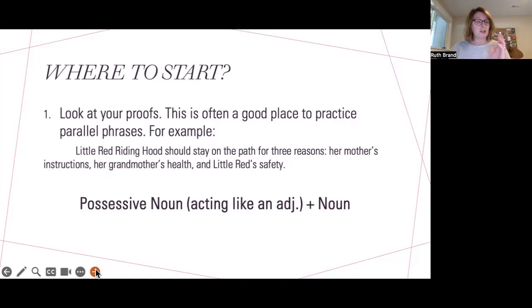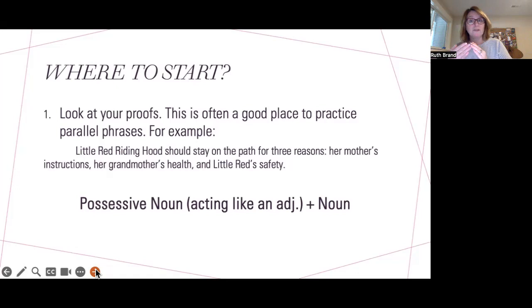And this happens a lot when you create a thesis statement. You might say Odysseus's carelessness, or you might draft a thesis statement that is talking about a character and different characteristics of the character. And that's what's happening here. Mother's instruction, grandmother's health, Little Red's safety. And so we've got these possessive nouns who are acting like adjectives because we have instructions, health, and safety.